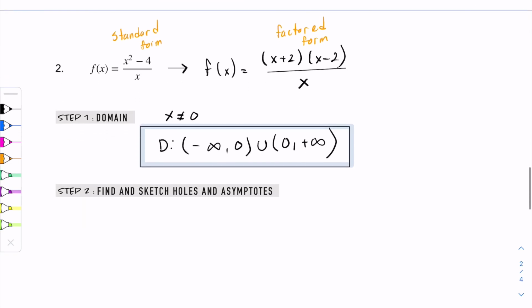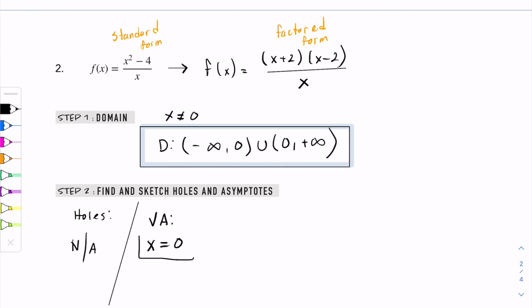Next, we need to find the holes and asymptotes. So holes are found when you have a common factor. In this case, we don't have any common factors, so there are no holes, or I'll just say not available. The vertical asymptote is found by setting the remaining denominator equal to 0. In this case, x is equal to 0.